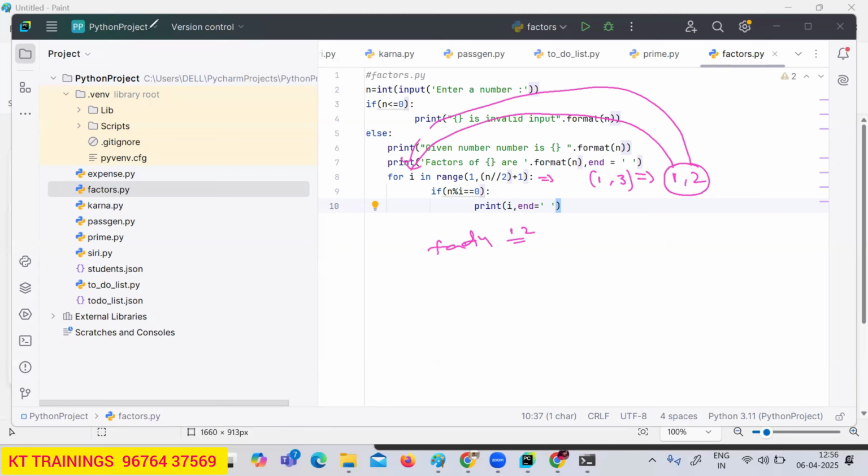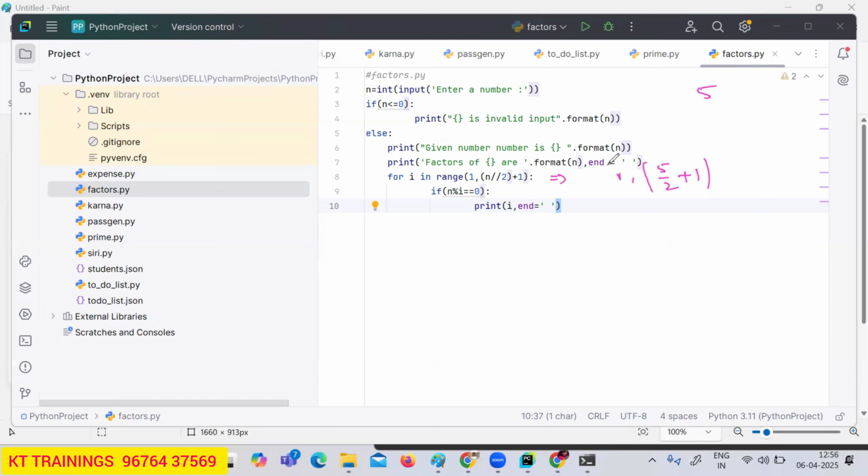Am I clear? Yes. Once again, suppose you are entering 5, what values is it checking? 1 comma 5 by 2 plus 1. What is 5 by 2? 2 point something. 2 point something means 2, plus 1 is 3. 3 means 1 comma 2 only.